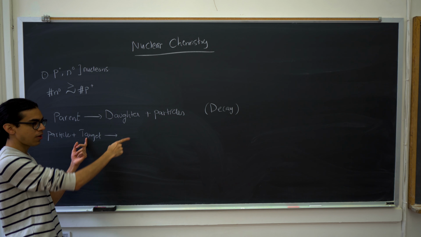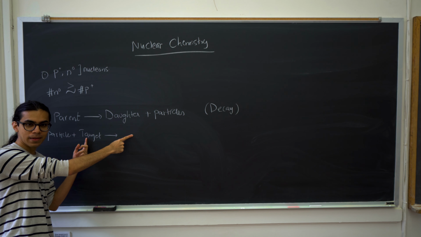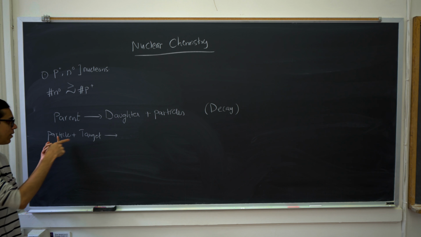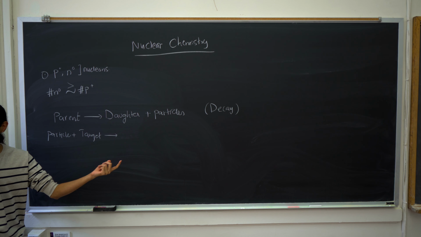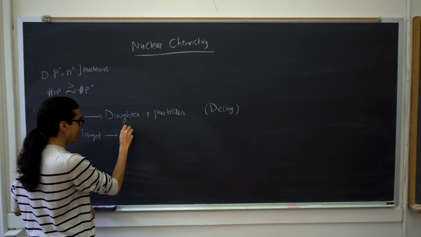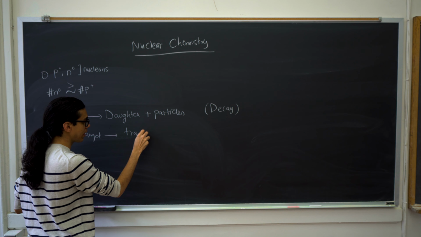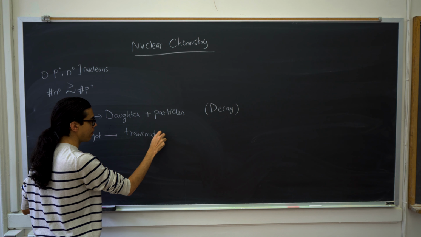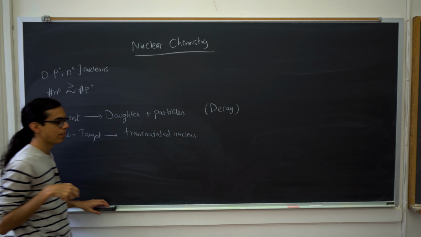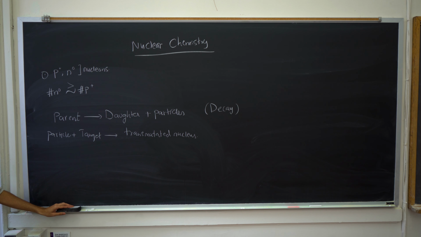I guess you can call this daughter and this parent, but not really, because here the parent is forming the daughter. You can't have the daughter forming the parent, right? So this is called the target, and this is a transmutated nucleus. It just means that it has been changed.